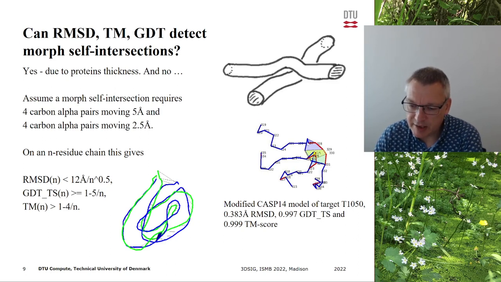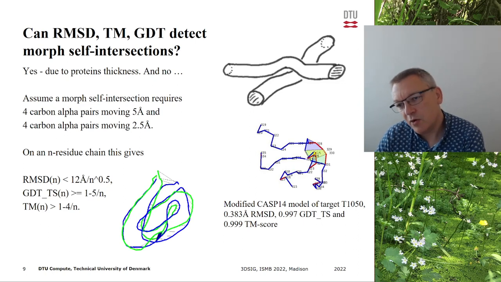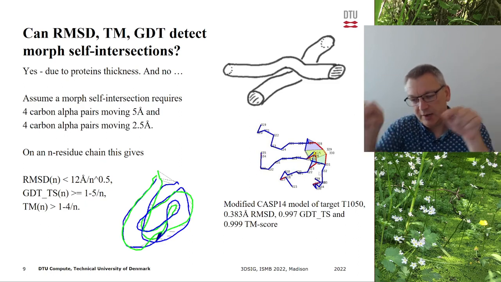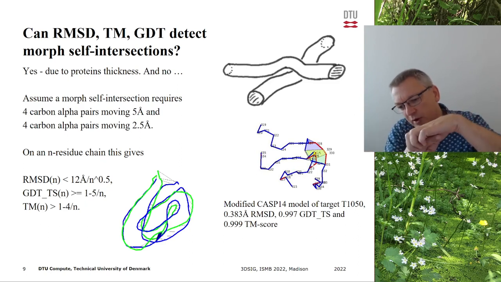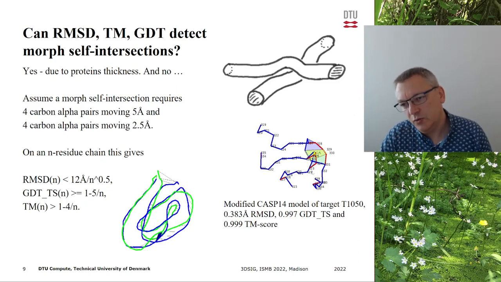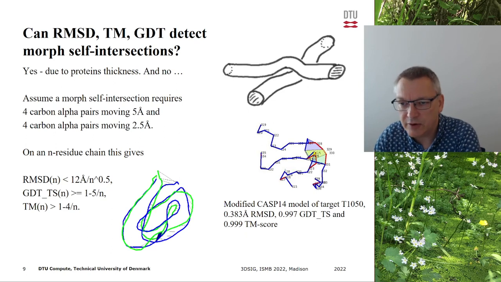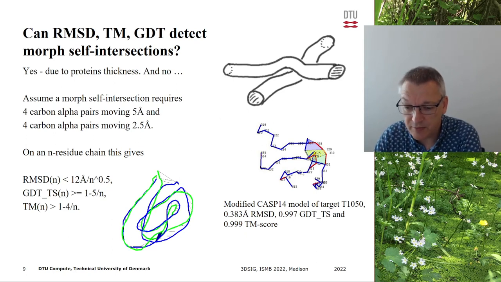But here I changed the model to be equal to the native structure outside the topological region here, because where the native structure has two loops that are passing by each other, in this model it's actually poking through this loop here, and there are 300 residues in between, so it's a very long distance in the configuration space to get between these two configurations.